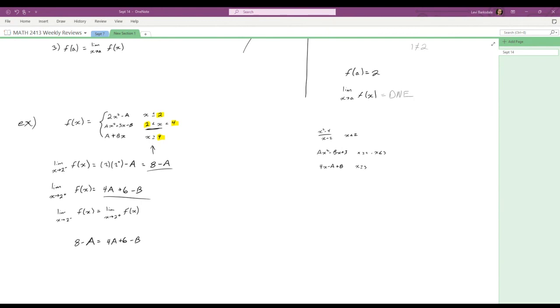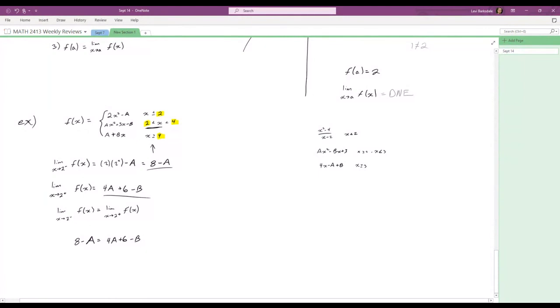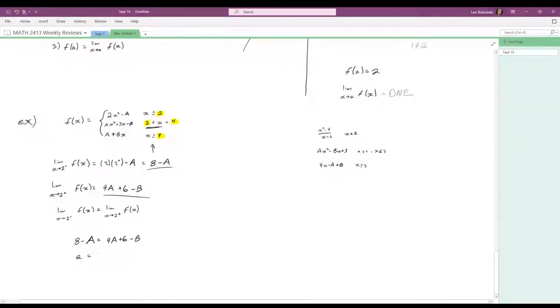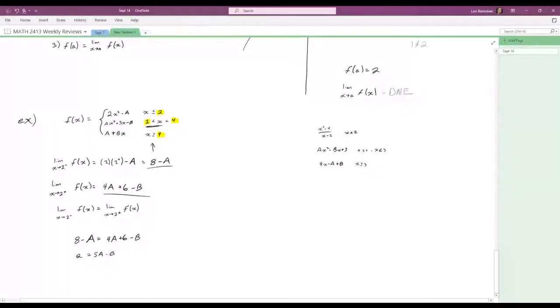We say combine like terms, and we also say find the limit as x goes to 4. So I would actually agree with find the limit as x goes to 4. If we combine like terms, it makes things cleaner, but it's still going to be the same equation. So I will go ahead and combine like terms just to make things cleaner. I'm going to put all my a's and b's on one side and everything else on the other. So I get 2 is equal to 5a minus b.